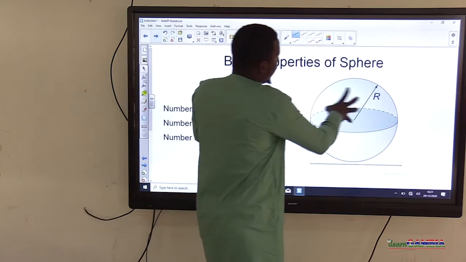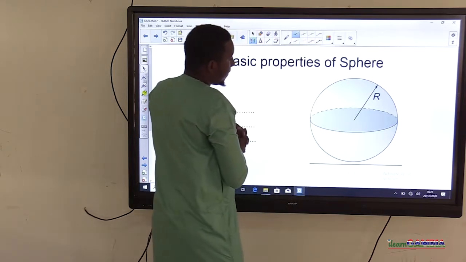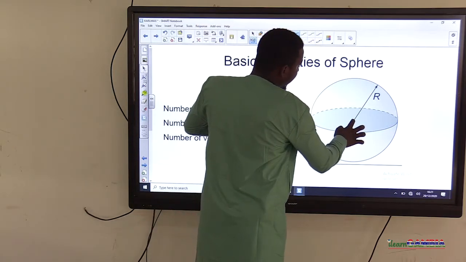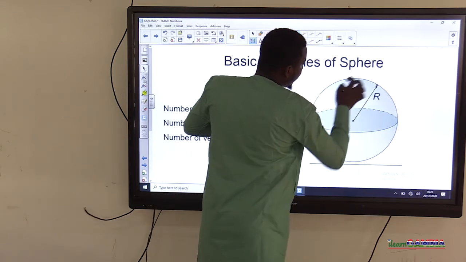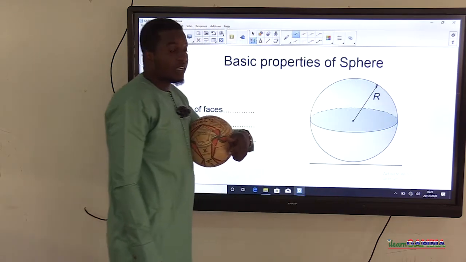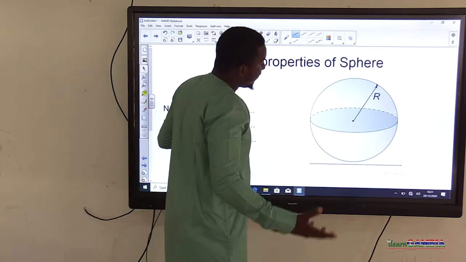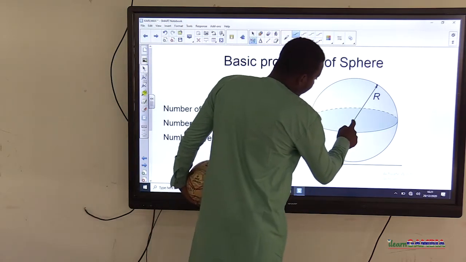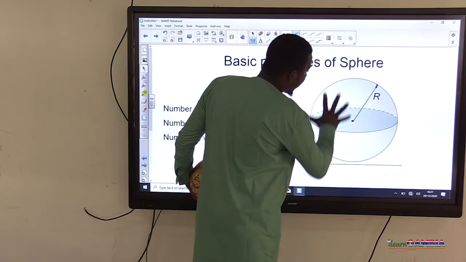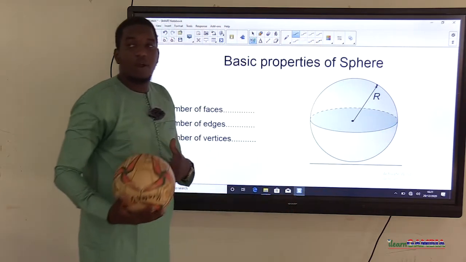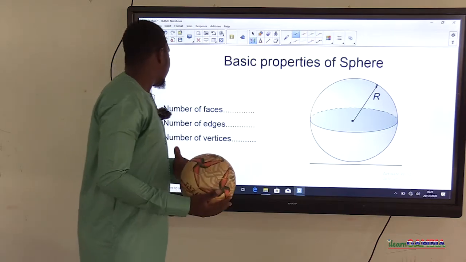This we have here is a sphere, and from the center to the surface is the radius, which is r. So what we are saying in the definition is that from the center to any part of the surface is an equal distance, which is referred to as the radius.